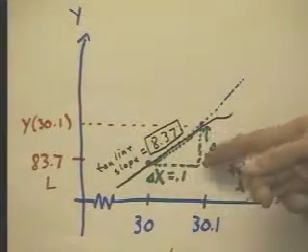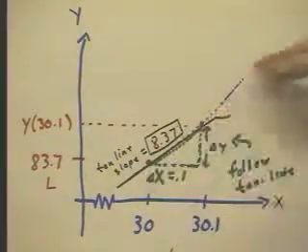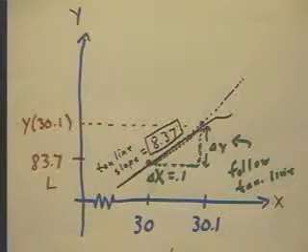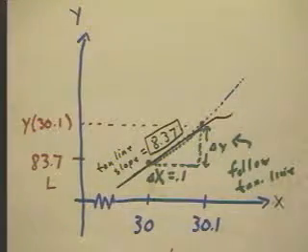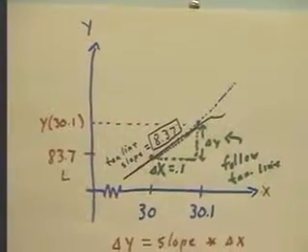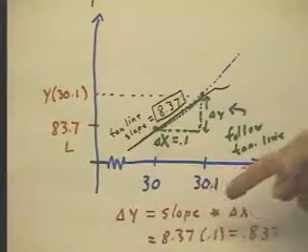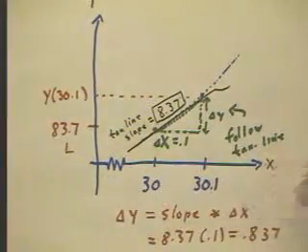So this slope calculation, the slope triangle calculation following the tangent line, is what we really did before. This is a graphical representation of what we did. And we see down here that our delta y is represented by slope multiplied by delta x.